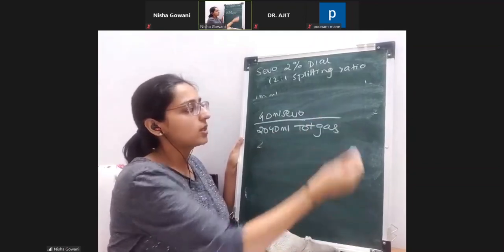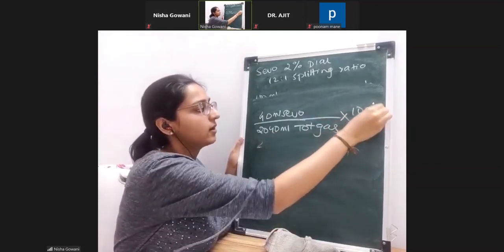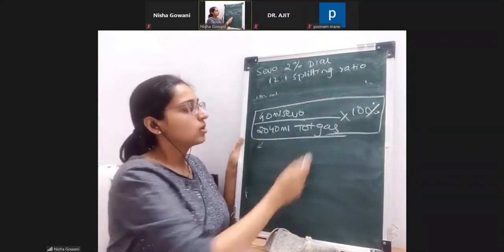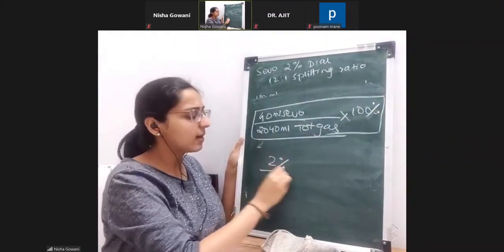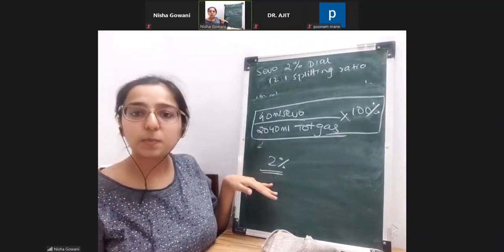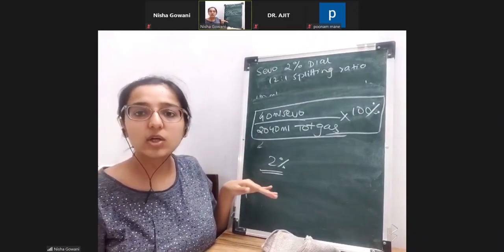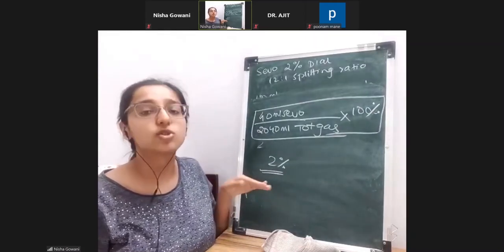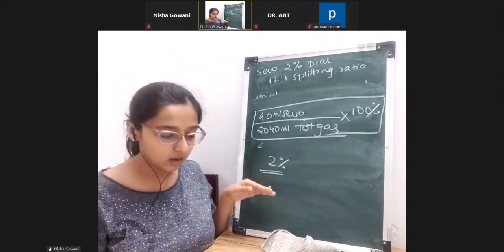So if I want the percentage, I'll multiply by 100, right? So this will give me the percentage of sevoflurane in it. It comes to 1.9798, so that overall gives me 2%. So ultimately the concentration of sevoflurane leaving the vaporizer is 2%, just as I set it on the concentration dial. All right.